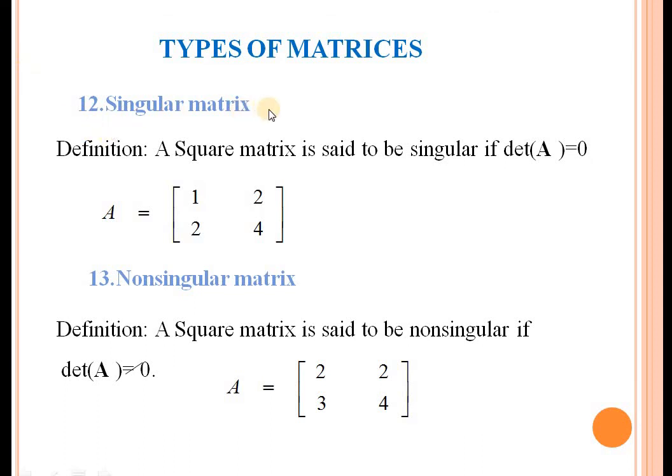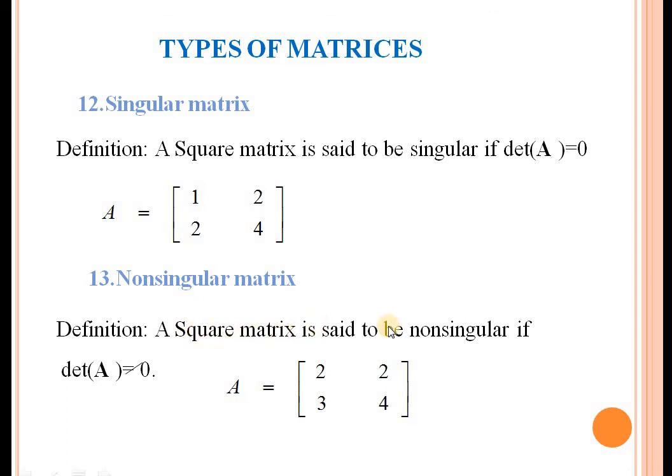Next type, singular matrices. Just let me give the definition. A square matrix is said to be singular if the determinant of matrix A is 0. See here, the determinant of the matrix is 1 into 4 minus 4, that is, determinant of A is 0. So this matrix A is singular. Now non-singular matrix.